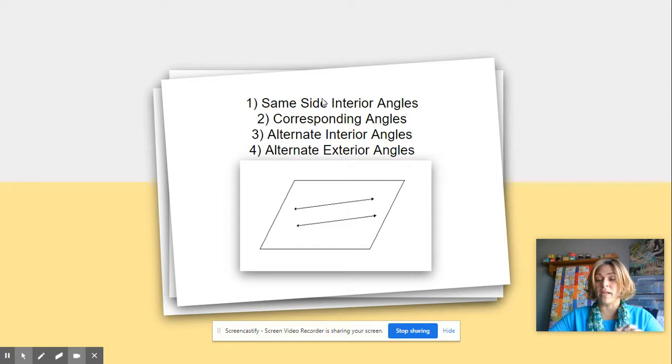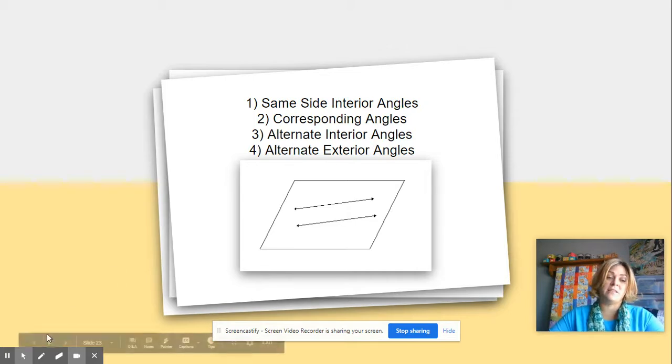Some teachers, when you're writing a proof, even say that you have to write same side interior angles supplementary or equal 180. You could abbreviate these depending on your teacher, so talk to them. Corresponding angles will be equal if the lines are parallel. If the lines are parallel, alternate interior angles will be congruent. If the lines are parallel, alternate exterior angles will be congruent. So all of these theorems or rules work only when the lines are parallel.